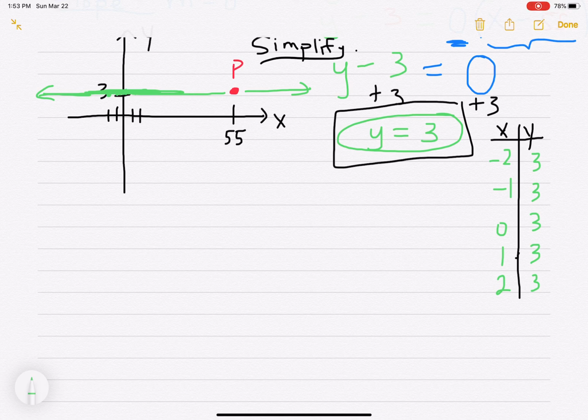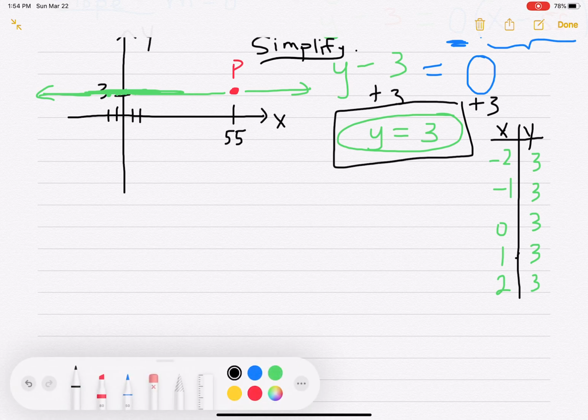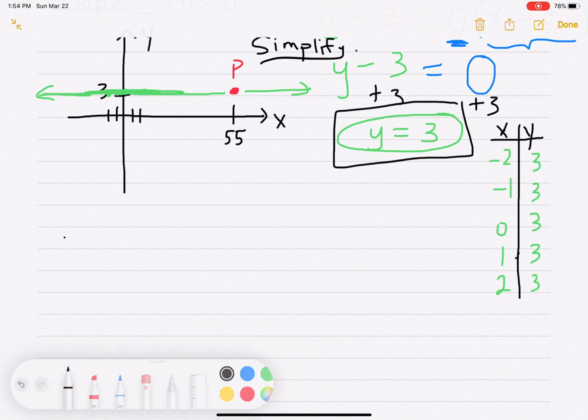So here's an important fact we should state.